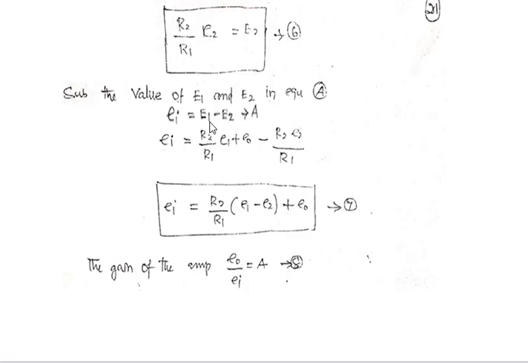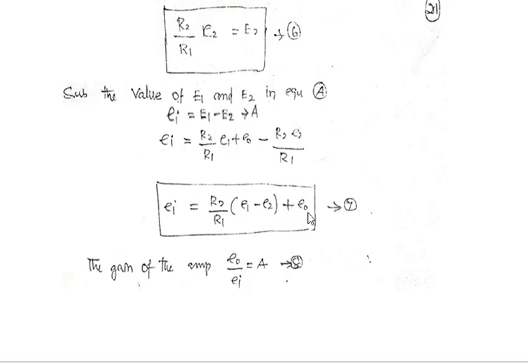Now substitute the values of capital E1 and capital E2 in equation A. On substituting, we get EI is equal to R2 by R1 into e1 plus E output minus R2 by R1 into e2. On simplifying, we get E input is equal to R2 by R1 into e1 minus e2 plus E output.